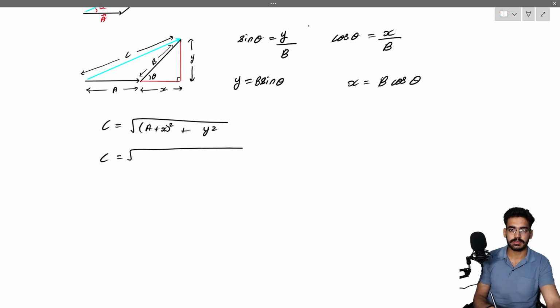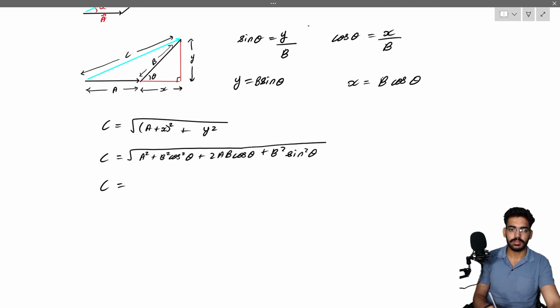What you will get, c is equal to under root of, here you put the x value, so a square plus b square cos square theta plus 2ab cos theta plus y square, that is b square sin square theta, right?